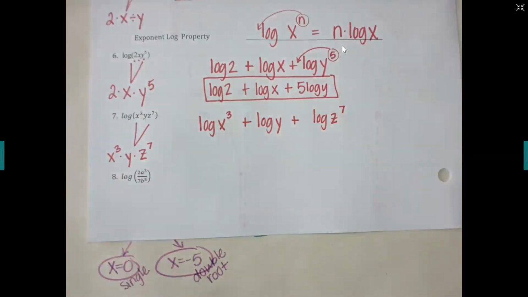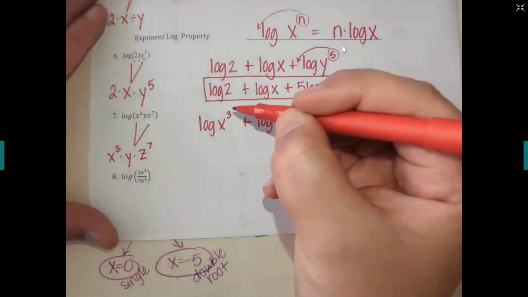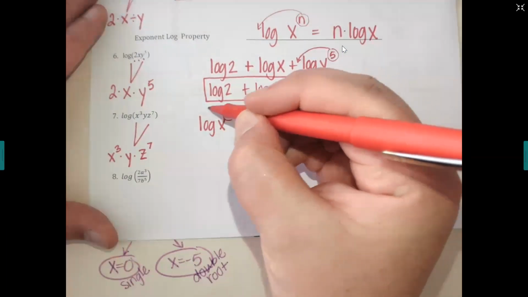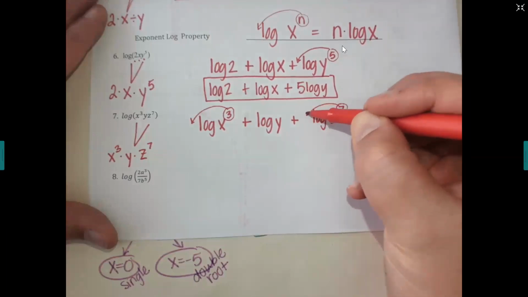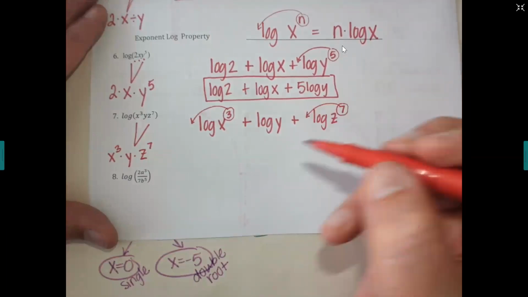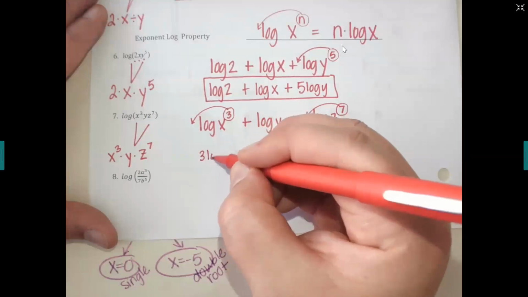It is not considered fully expanded until you take those exponents and drop them down to the front. It's just a rule with logs. So what numbers am I moving? 3 and 7. And 3 will go to the front of x's log, and 7 will go to the front of z's log. So it would be 3 log x.